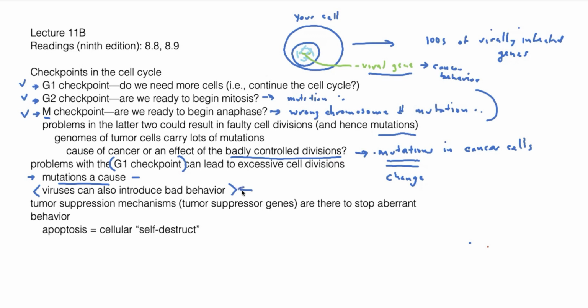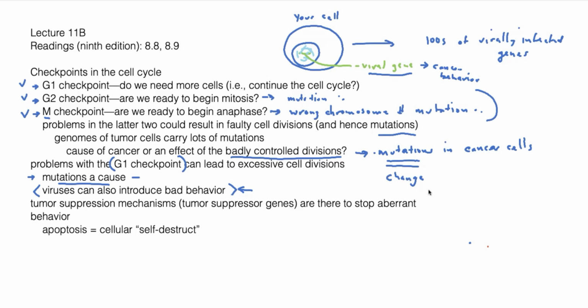That's natural selection. It should not surprise you at all that it's not too uncommon for viruses to actually be the cause. The viruses can bring into your cells the genes that cause you to lose control over the cell cycle.